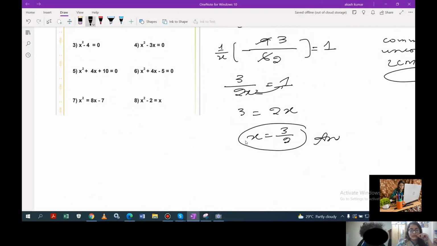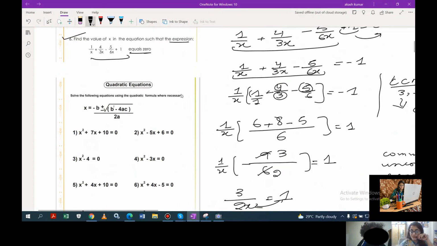Okay, let's try to understand a bit about quadratic equations before we end our session.